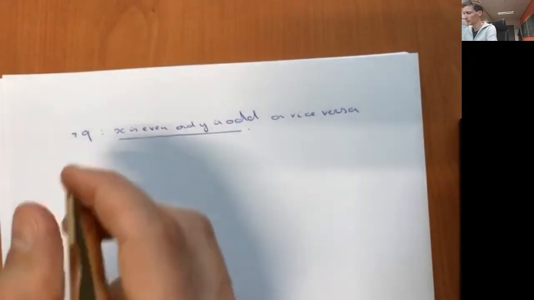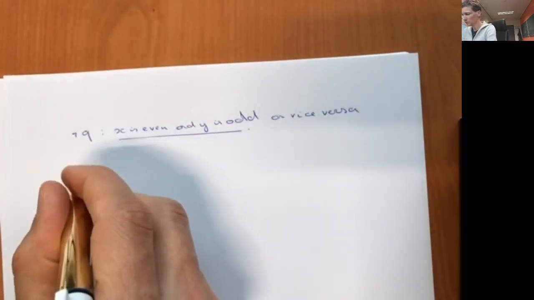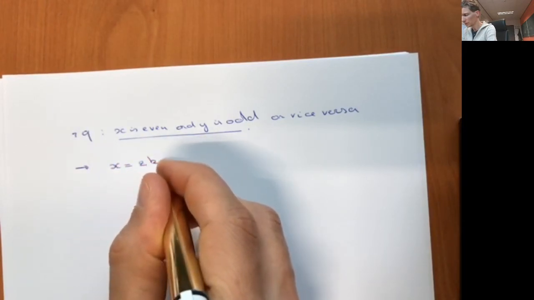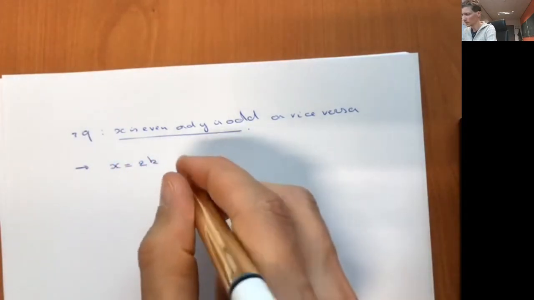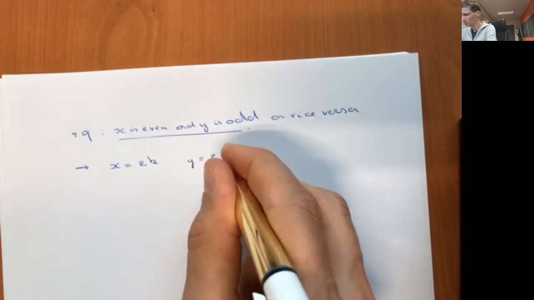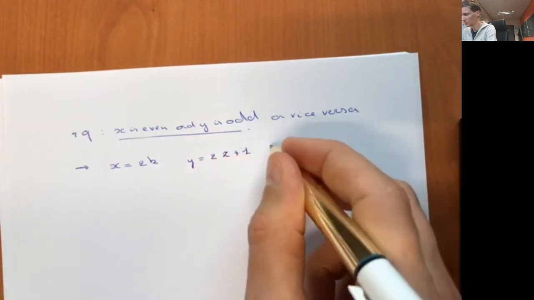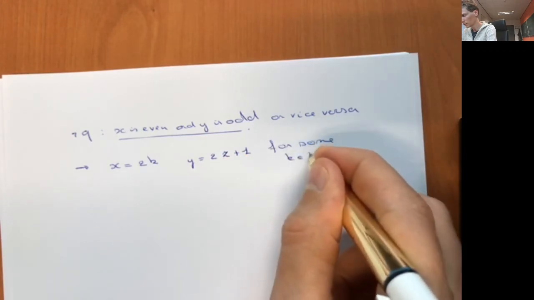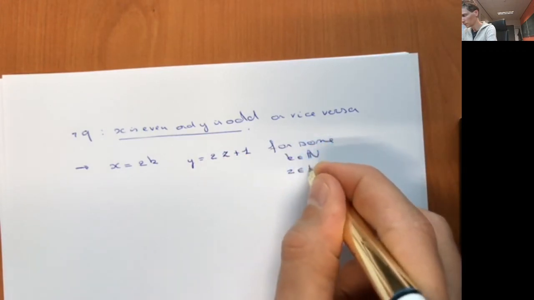The first deduction that follows from this is that x is equal to 2 times k for some k, and y is equal to 2 times z plus 1 for some z.